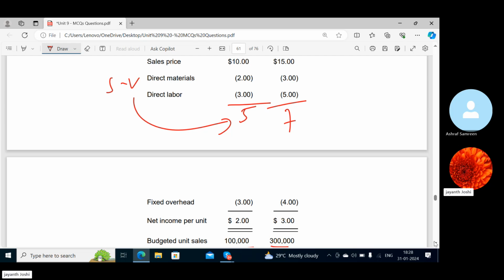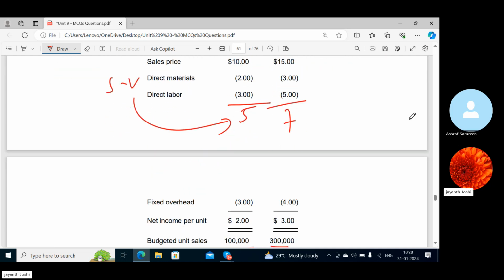Just a second, I'm calculating. So composite unit margin.